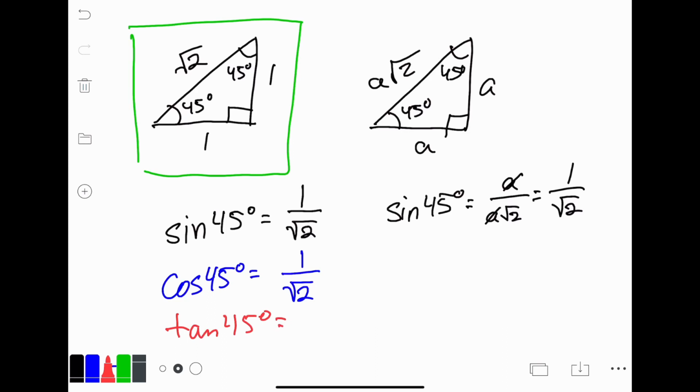Well, tangent of 45 is opposite over adjacent, so 1 over 1, or 1. So tangent 45 degrees will always be equal to 1. And of course, the reciprocal functions, cosecant, secant, and cotangent, are just the reciprocals of sine, cosine, and tangent.